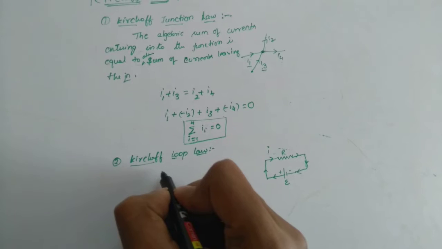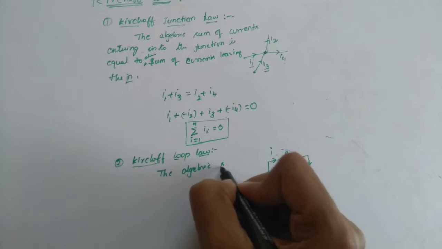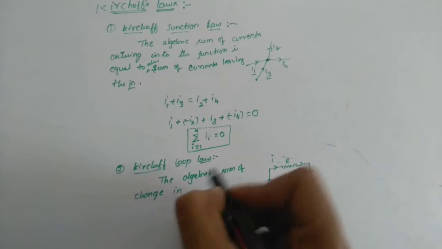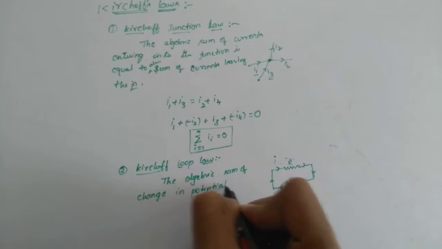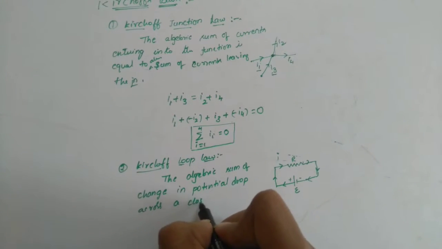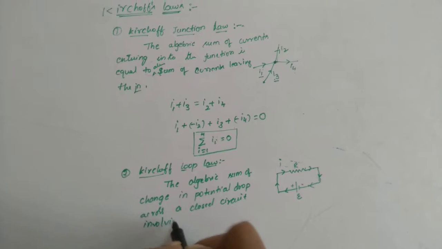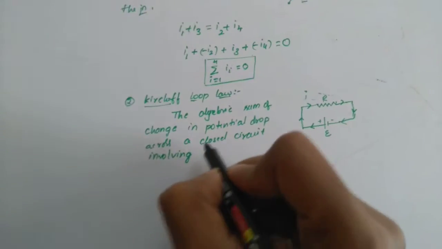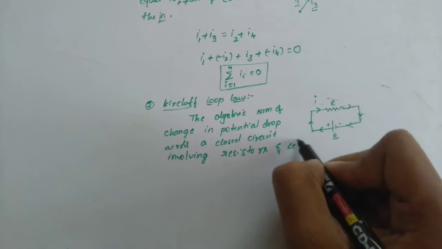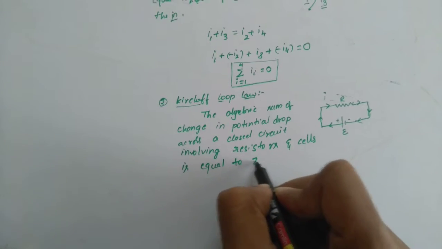Then according to the Kirchoff loop law, the algebraic sum of change in potential drop across a closed circuit involving resistors and cells is equal to 0.